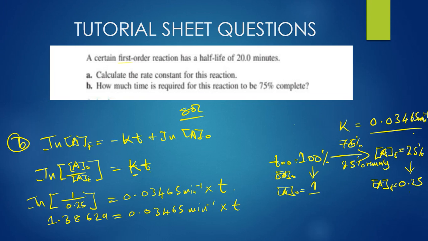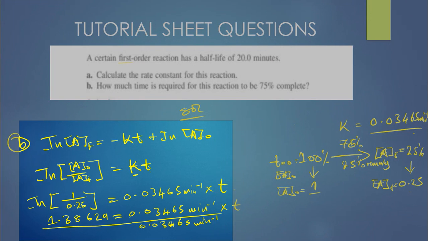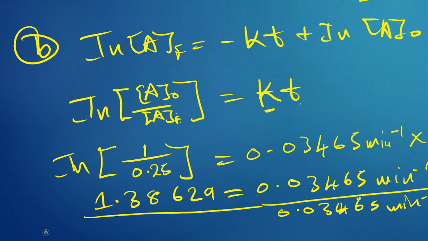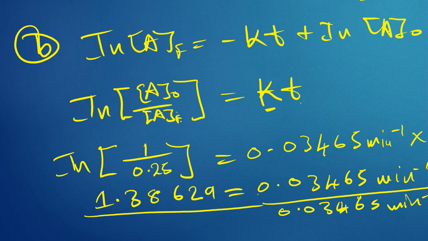So you're going to divide both sides by 0.03465 per minute. Oh wait, okay, so here there's a mistake.